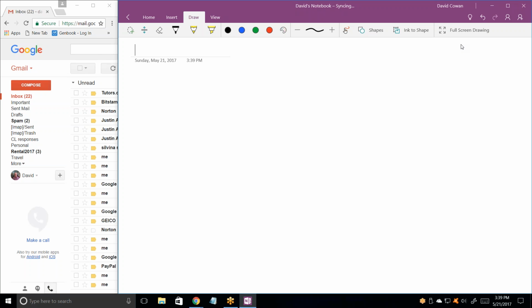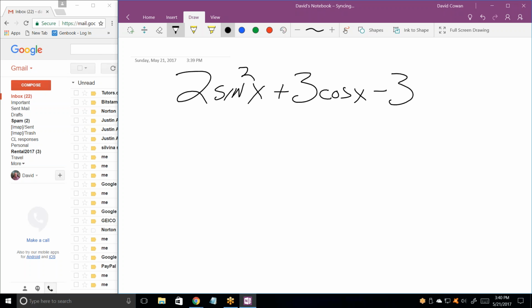The next one is 2 sine squared of x plus 3 cosine of x minus 3 equals 0. What are we going to do to this? First of all, notice that it's very difficult to solve a trig equation if you have 2 different trig functions, especially if one of them is squared.